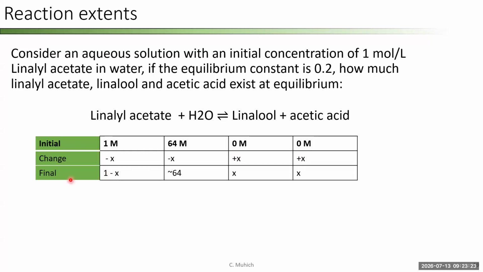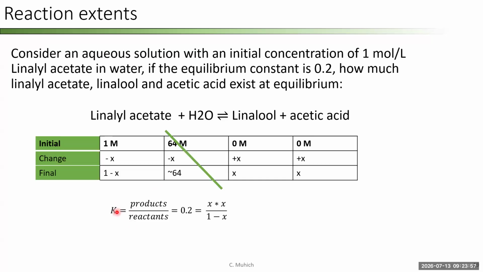So at the end, after we've reached equilibrium, I end up with 1 minus x moles of linalyl acetate, 64 moles of water, x moles of linalool, and x moles of acetic acid. Because there's essentially no change in the concentration of water, it's generally eliminated from these calculations.